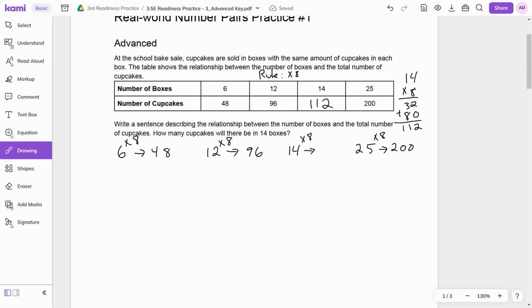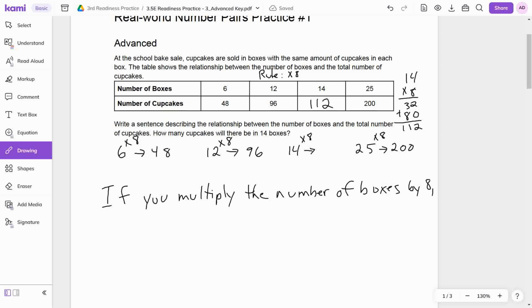So there's a few different ways you can write this. We can write it from the point of view of the boxes or the cupcakes. I'll start with the boxes. I'll say if you multiply the number of boxes by 8, you will find the number of cupcakes.